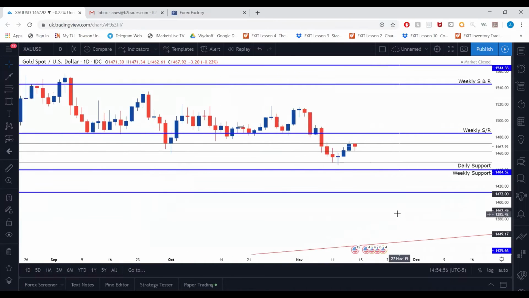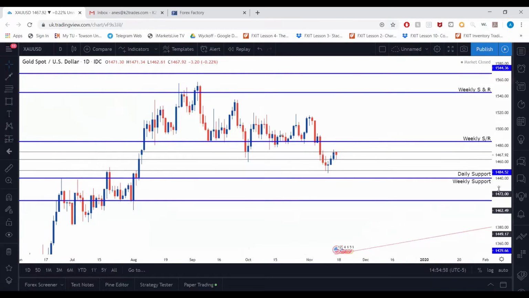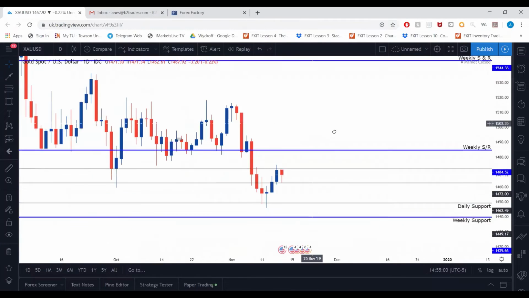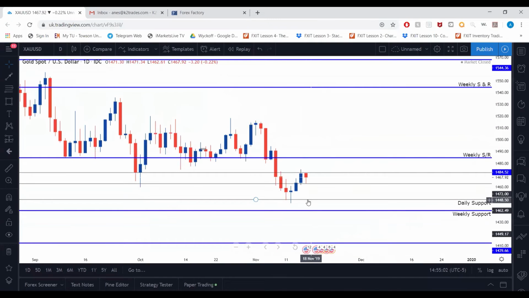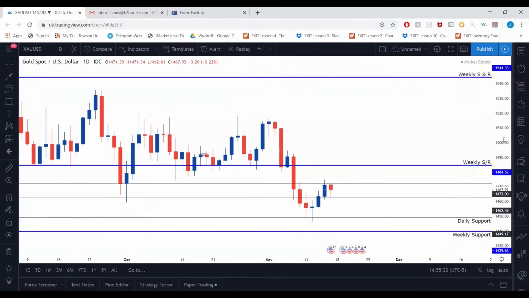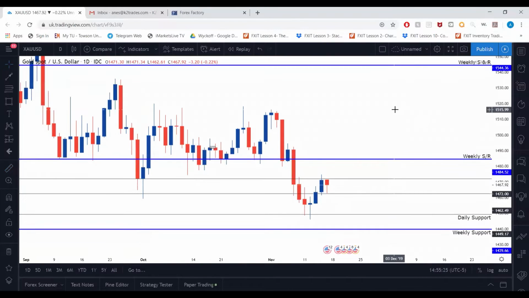We did chart this. I'm still not happy that I didn't place this buy limit here because it went up some nice pips, only like 25 pips, but still it was a good scalping opportunity.